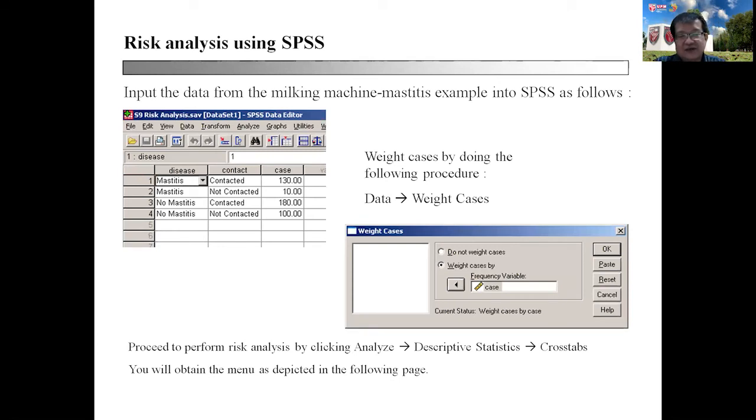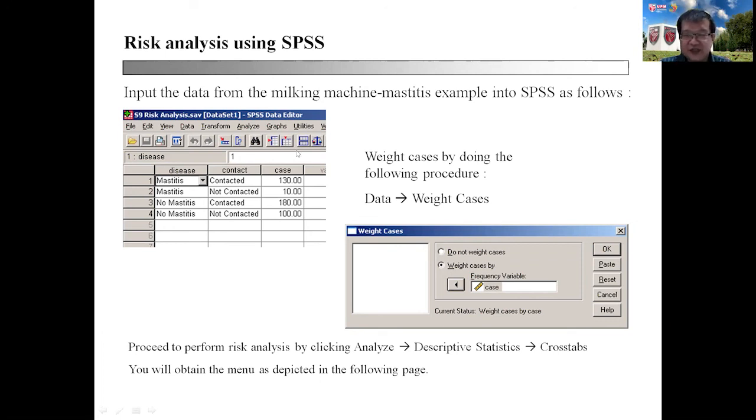How to calculate all the risk? You can enter the data as depicted on the screen here. And in this case, I'm using the method that is used to key in the chi-square. So you can see here, you need one column for the clinical outcome, and you need another column for the risk factors. The third column will be the number of cases.